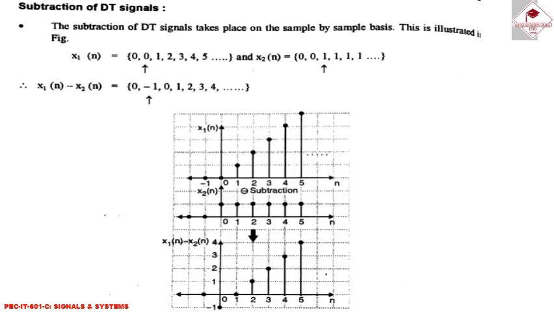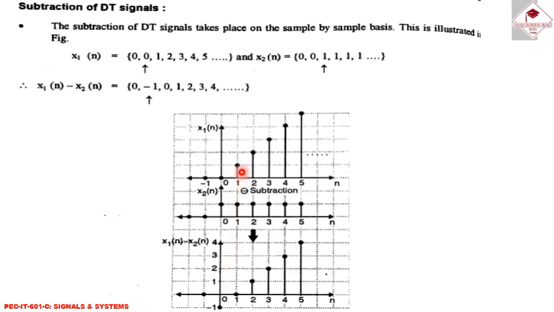Next we proceed to subtraction of discrete time signals. One discrete time signal x1[n], its values are written over here, and x2[n], another signal, is written over here. If I subtract x1[n] minus x2[n], the x1[n] value is equal to 0, but the x2[n] value is equal to 1. So 0 minus 1, that is -1, should be written over here.